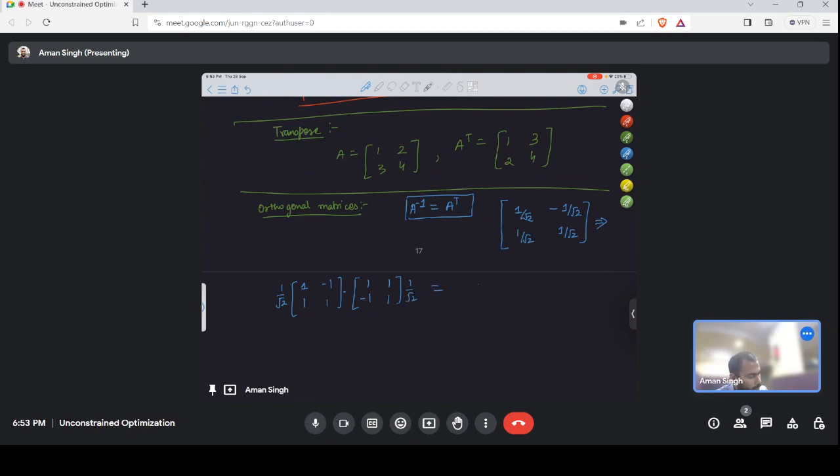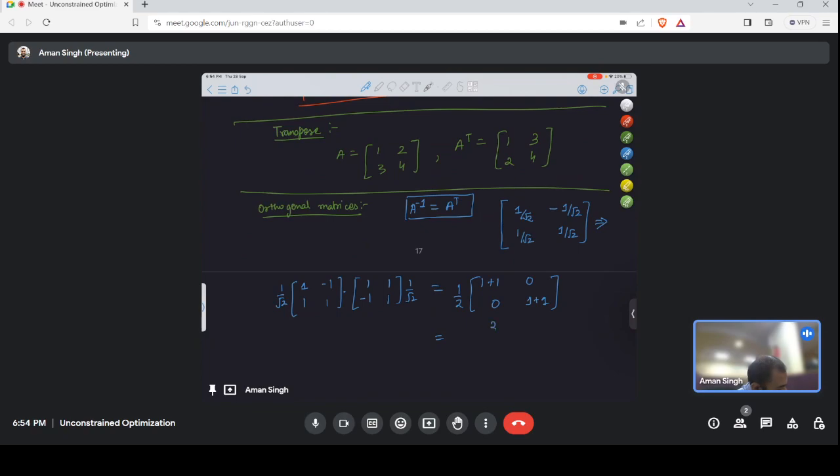So it is 1 plus 1, 0, 0, 1 plus 1. And 1 by root 2 times 1 by root 2 will give 1 by 2.